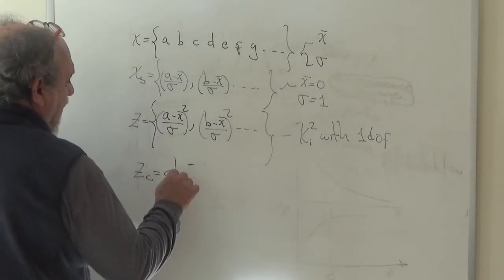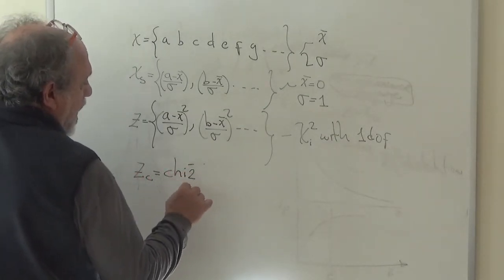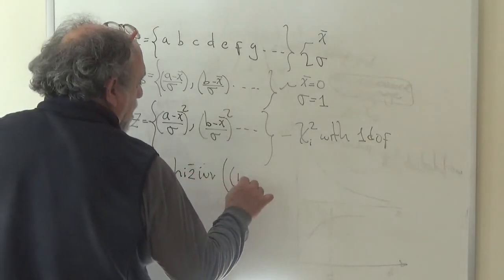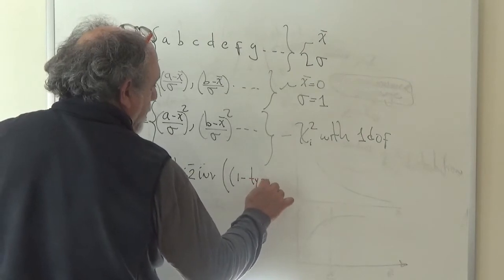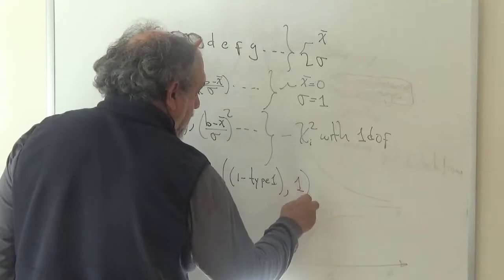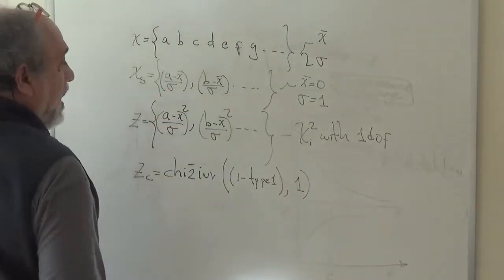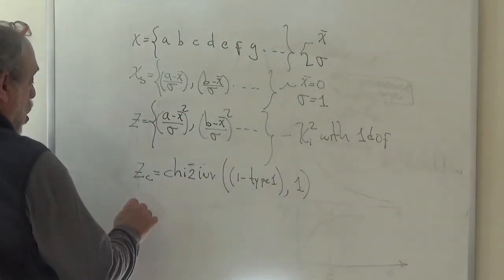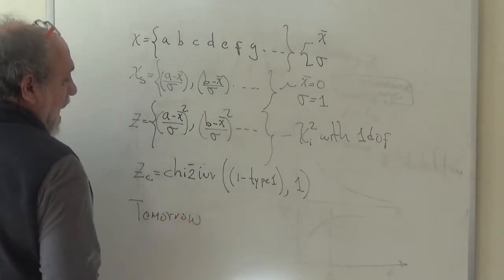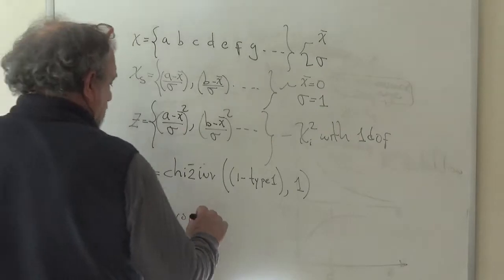It would be the chi-squared inverse. I want to get it at 1 minus the type 1 error, right? And since I only have 1 degree of freedom in this case, MATLAB would ask me that, and I would get Zz.